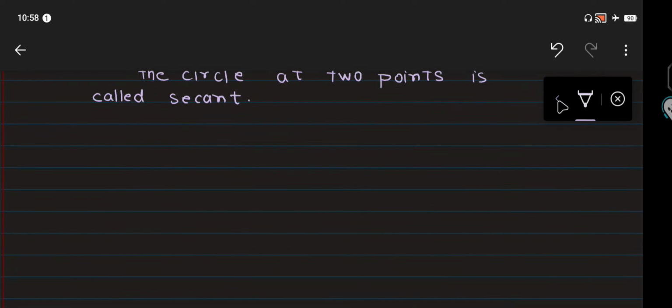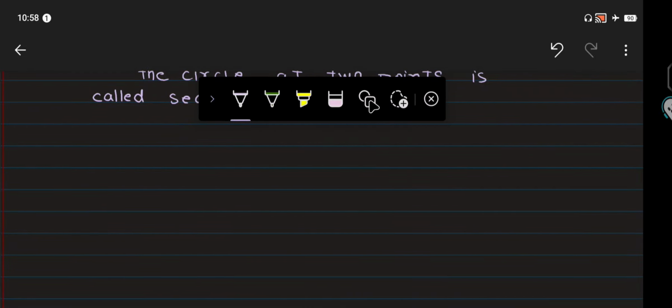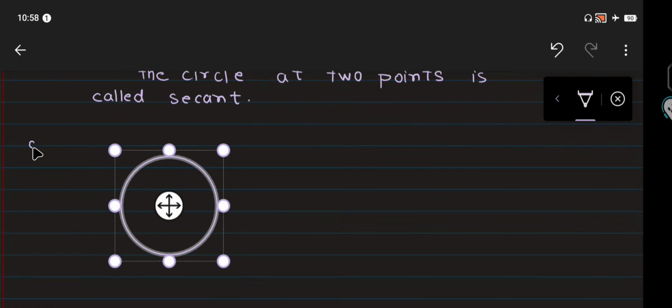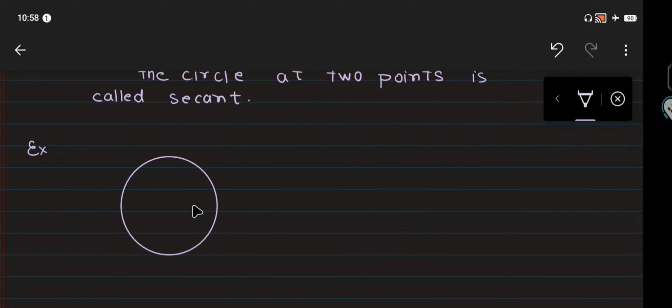Let's understand it with an example. So this is a circle with center O, and this is the line intersecting this circle at 2 points.